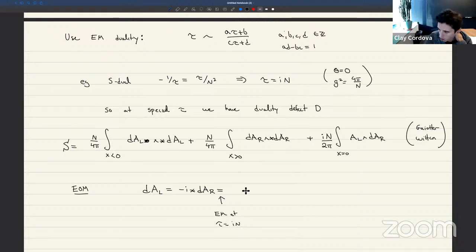This would be equal to 1 over n dA right dual. And this is the identification I was trying to achieve by combining S duality and the Zn gauging. So that's the motivation for this Chern-Simons term. Okay, so that's a nice free class of examples where we can write explicitly the kind of defect that we're talking about.